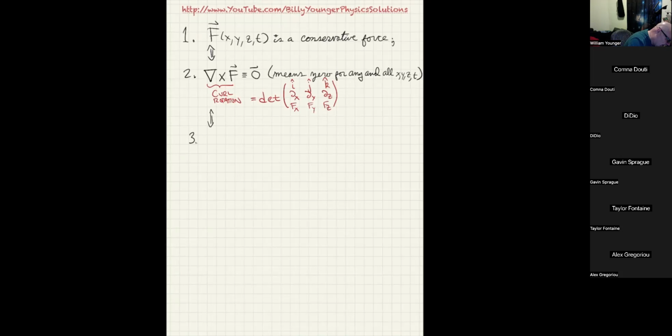And it is that if you have the integral from a to b of F of x, y, z, t dotted with dl, then that is in fact going to be equal to U of b minus U of a, no matter, actually, I don't know what's going on here. It's writing funny.